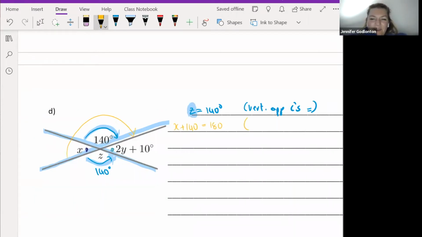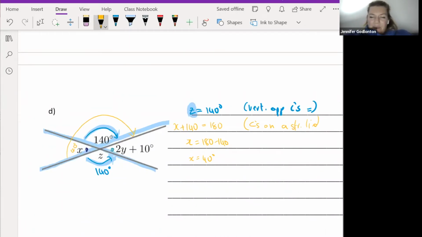So x plus 140 is going to equal 180 because of angles on a straight line. And so that means that x is equal to 180 minus 140, so x is equal to 40 degrees. Now we know that this is 40 degrees over here. Awesome. Next one I'm looking for is y.